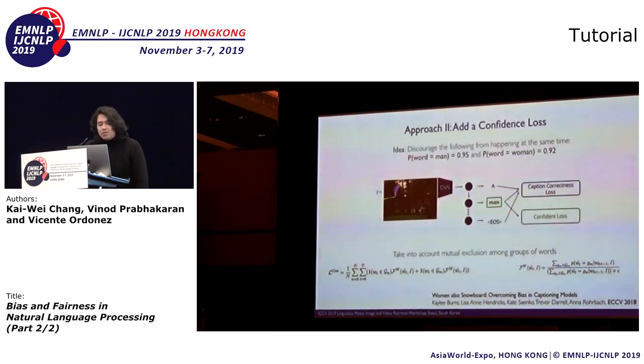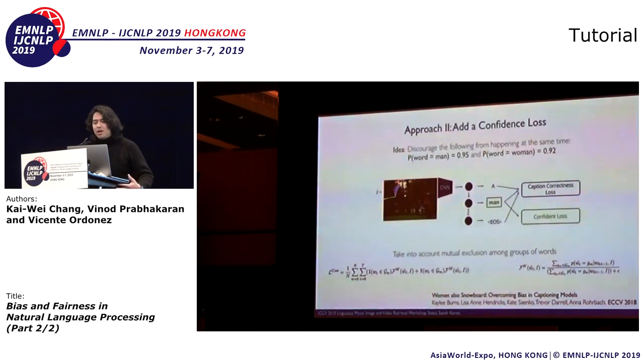So they have these confidence losses where, again, they group the words into male words and female words. So if there is a male word there, you want to downweight any of the female words. Or if you have a female word there, you want to downweight the male words. So you want them to be exclusive. You encourage that through these other losses.